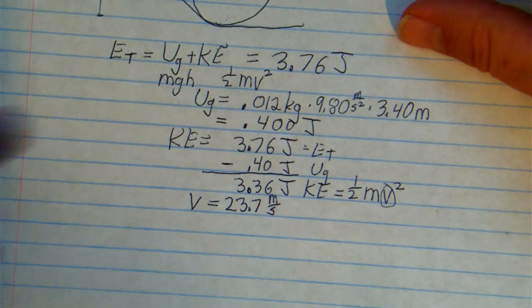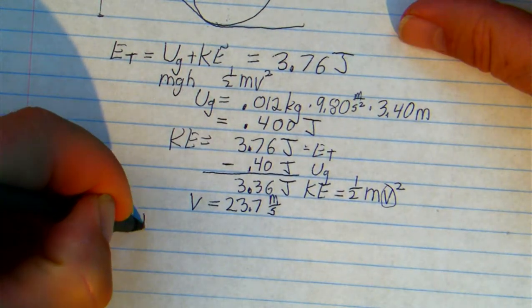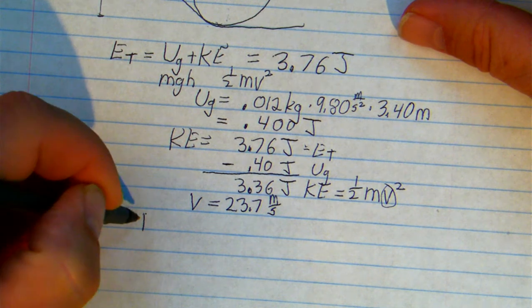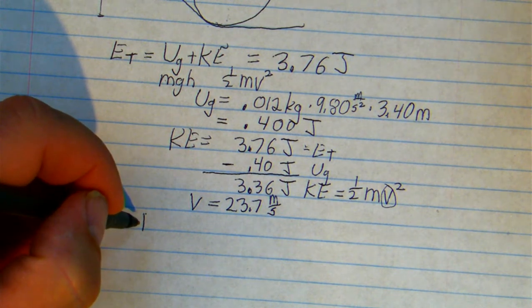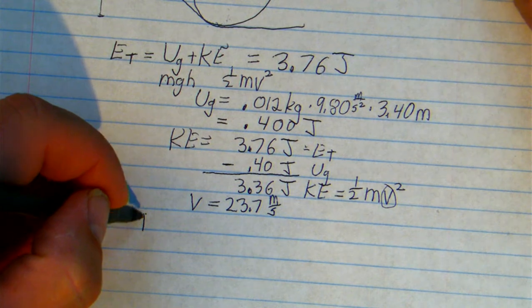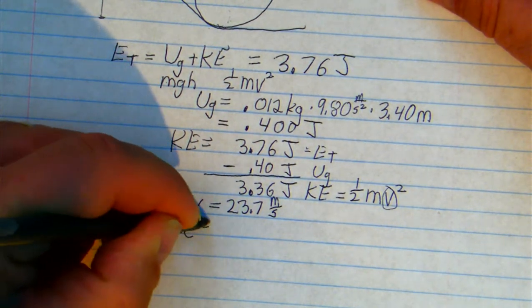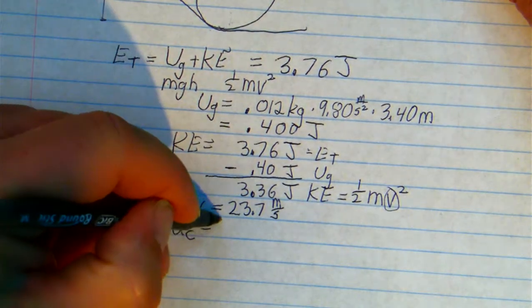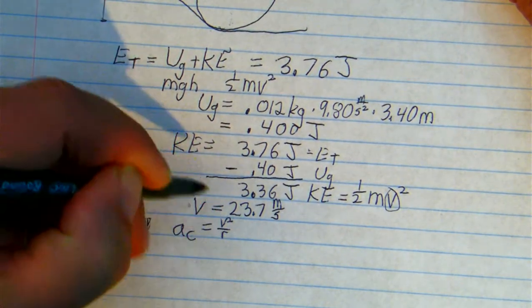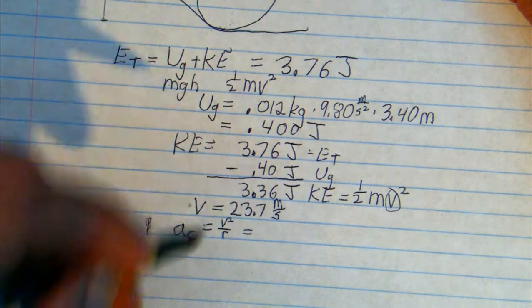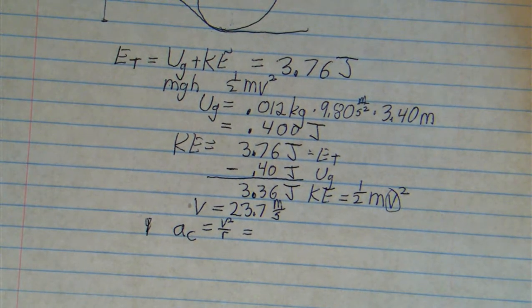That means we can now calculate the centripetal force. Yeah, well, let's calculate the centripetal acceleration. The formula is v squared over r. Yikes. Tyler, what do you get for the centripetal acceleration?